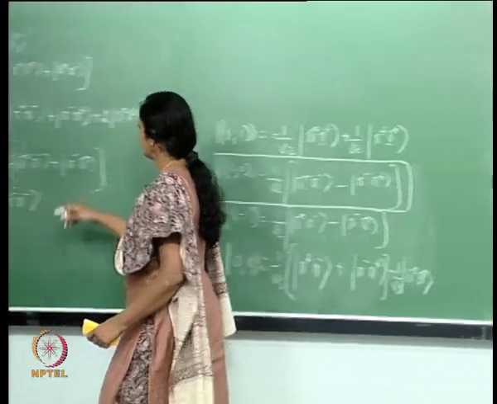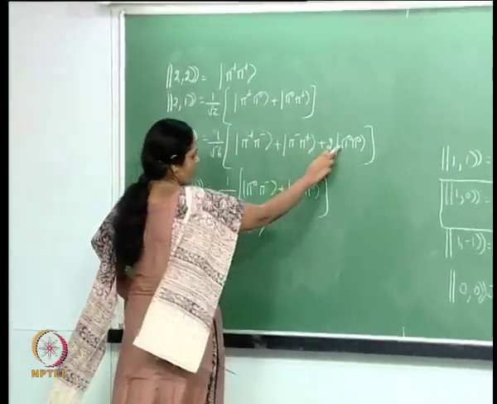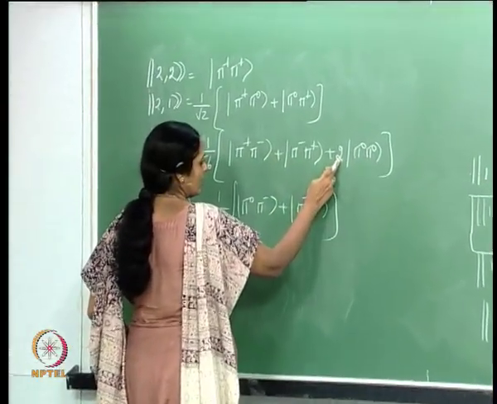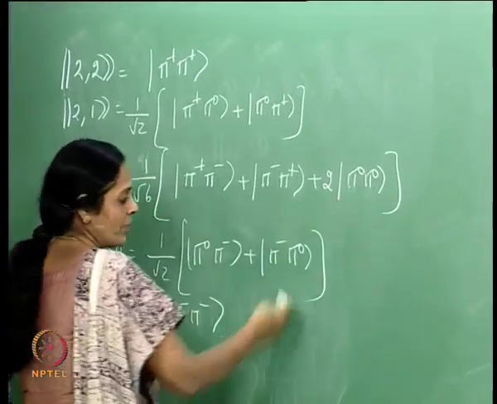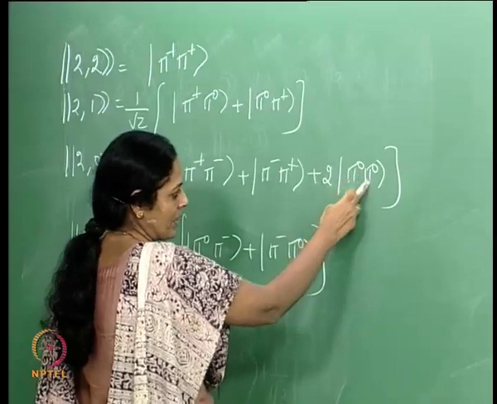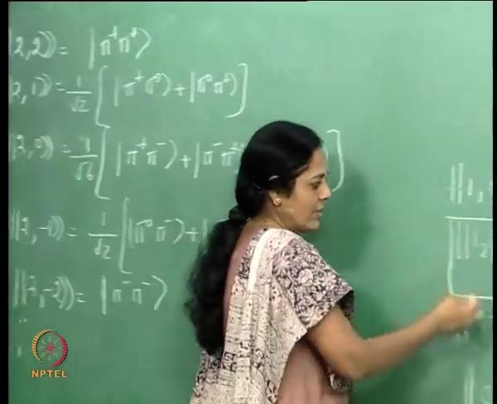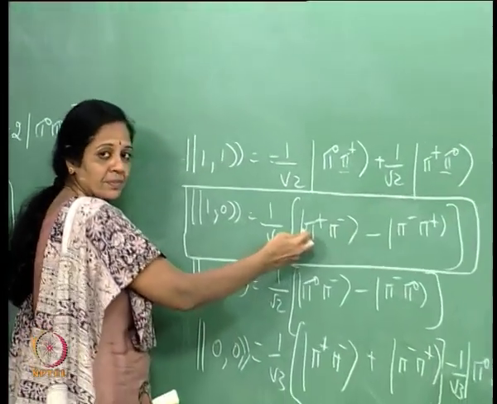Look at 2 0 here, this is symmetric under interchange of the two pi naughts, there is no problem. Anyway, it would be symmetric because they are identical particles in any case, and therefore they cannot be present here.